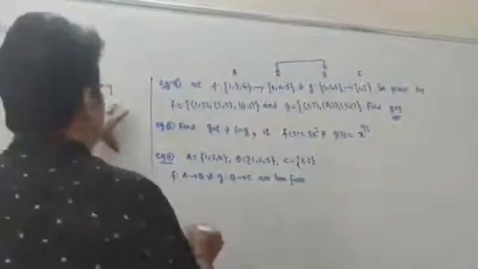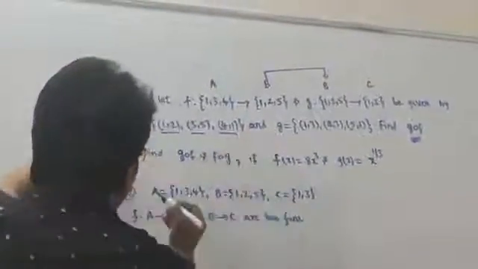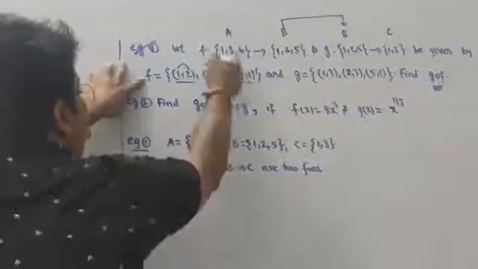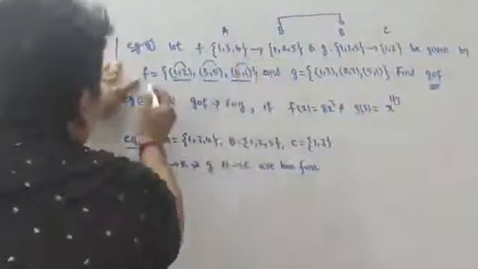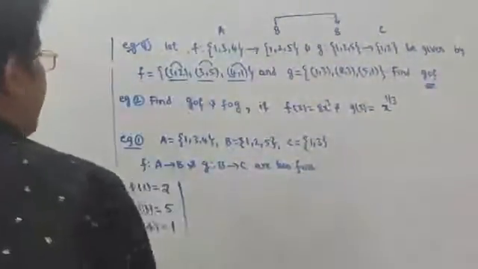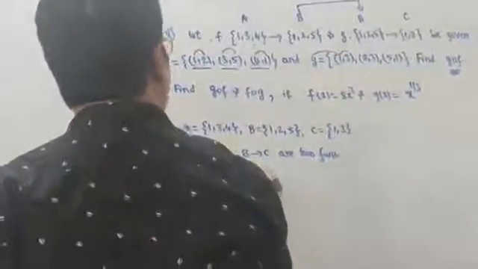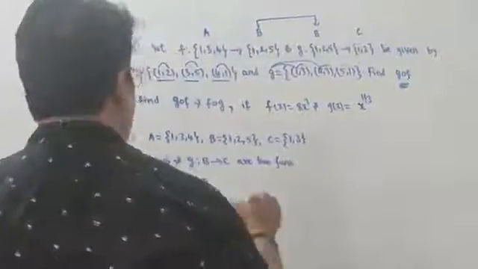F is equal to the ordered pairs (1,2), (3,5), (4,1), meaning F of 1 equals 2, F of 3 equals 5, F of 4 equals 1. Next, G of 1 equals 3, G of 2 equals 3, G of 5 equals 1.